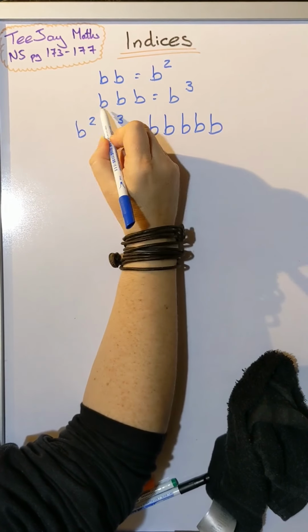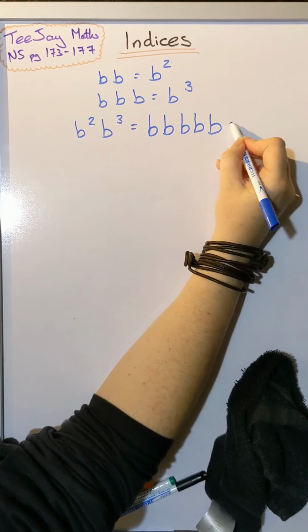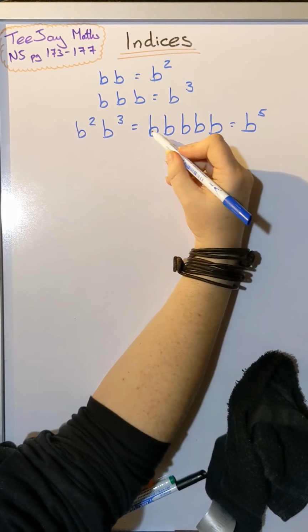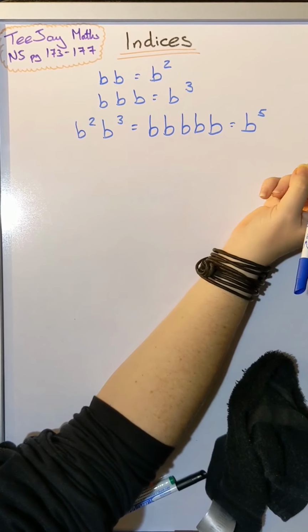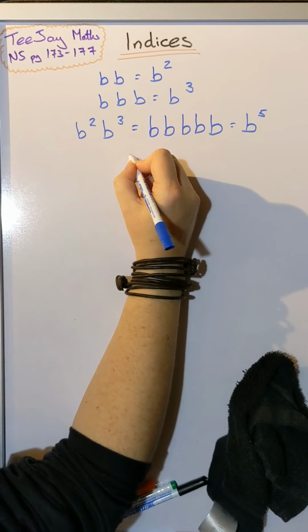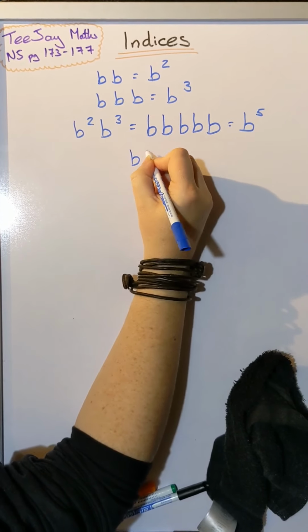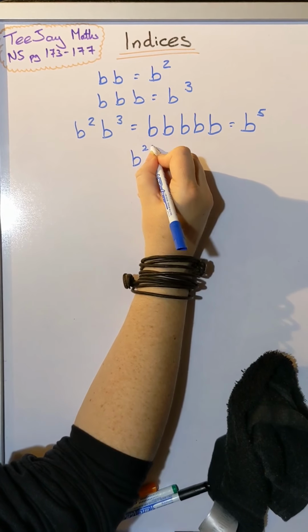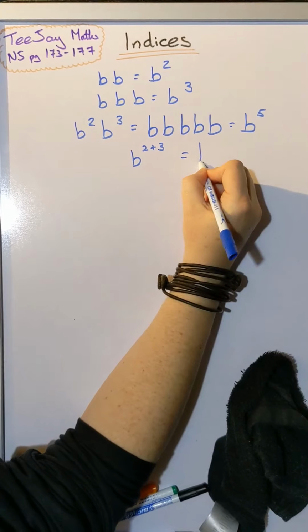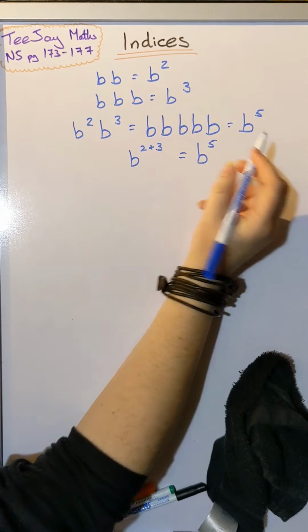So those two and those three. So we've got b to the power 5. 1, 2, 3, 4, 5. Another way to think of that would be to do b to the power 2 plus 3, which is b to the power 5.